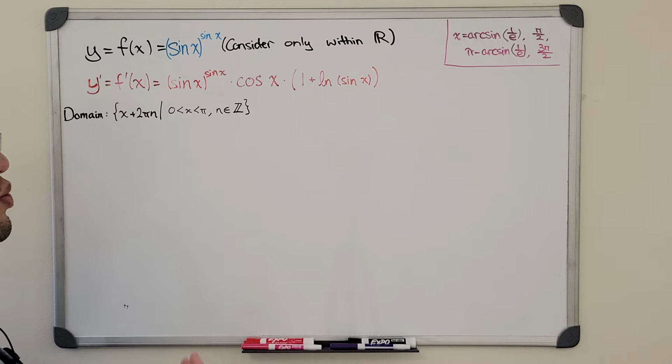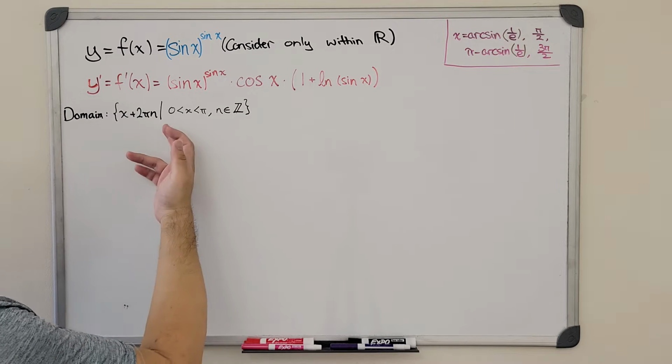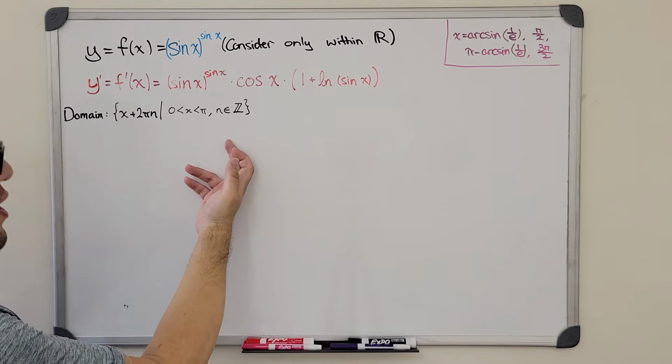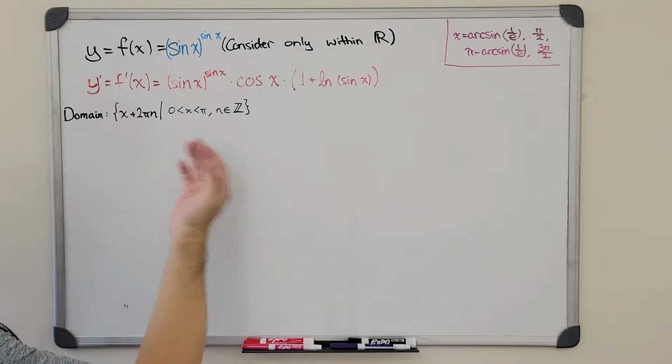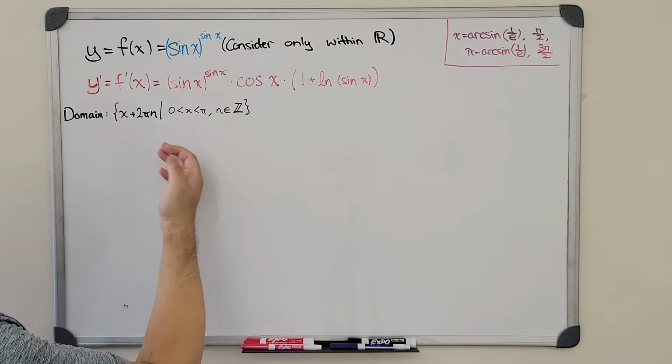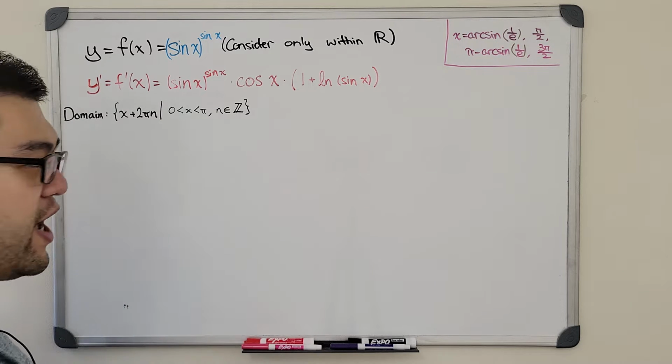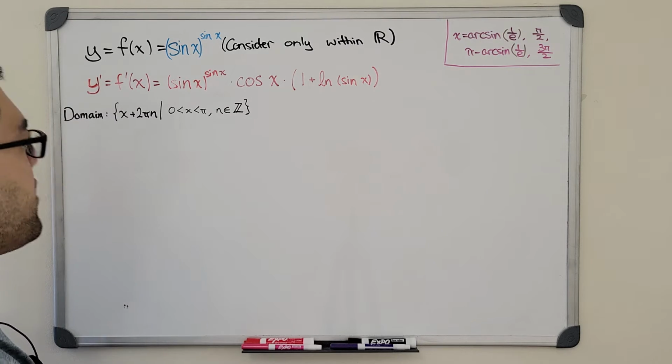So we can union with adding 2 pi on both sides so that we get from 2 pi to 3 pi. Or we can subtract 2 pi and get the open interval negative 2 pi to negative pi, and so on and so forth.